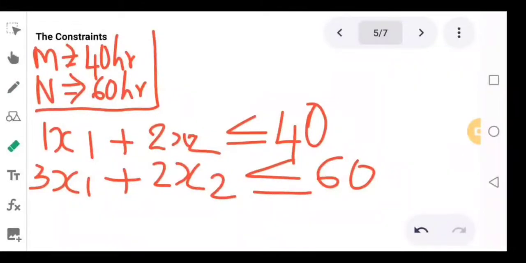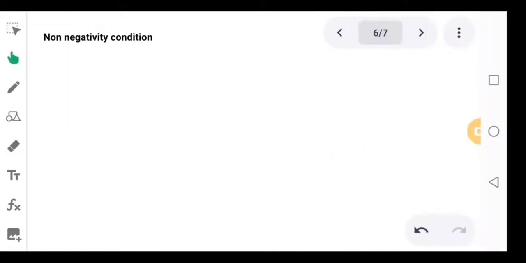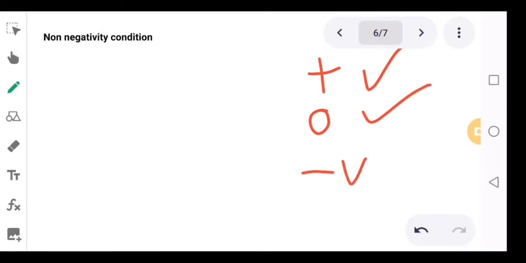Now the next slide. This is very easy. Non-negativity condition just says that the decision variables are not going to be negative.